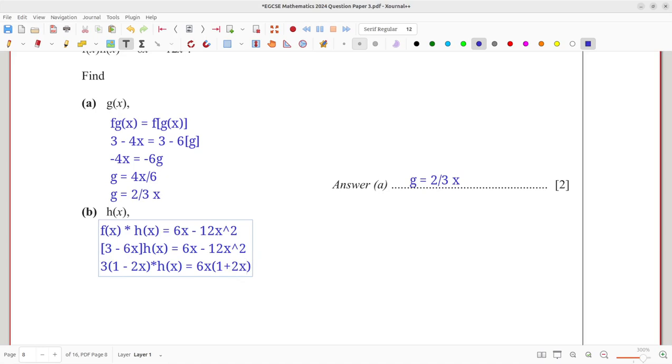I think we're getting there already. Let's divide both sides by 3 into 1 minus 2x, then you are going to get that your h of x is actually equals to 2x.